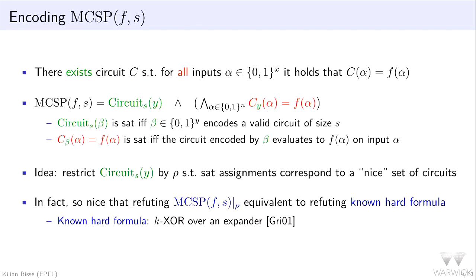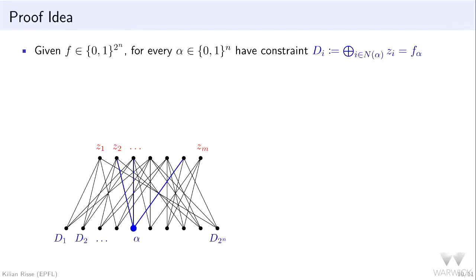Okay? Okay, so let me first explain what this K XOR formula is. I suppose most have seen this before. This formula is defined over a bipartite graph, which is expanding. On one side, we have all the constraints here, D1 through D2n. And on the other hand, we have the variables.